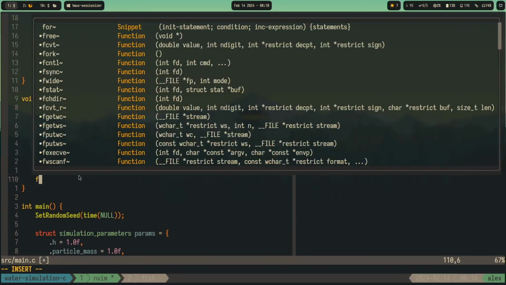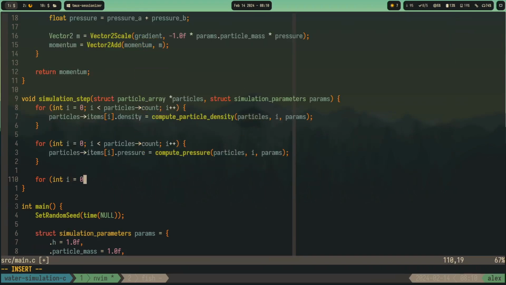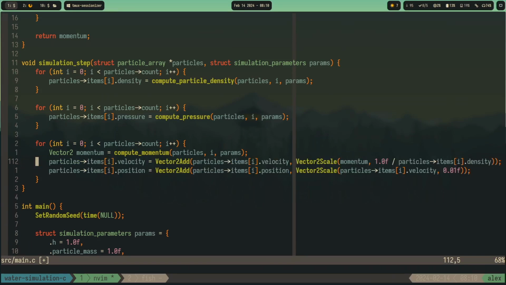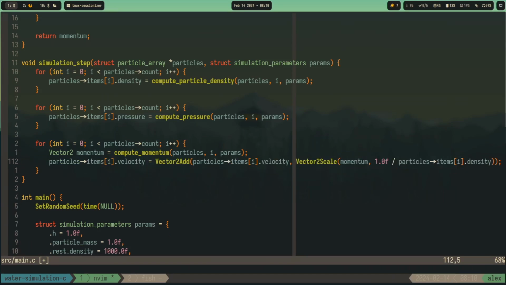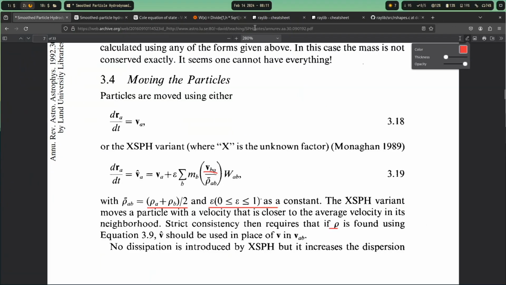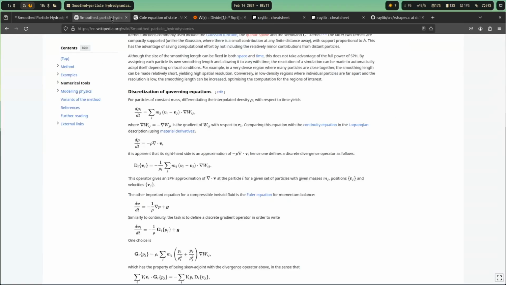So equals 0. Let's say that we have the momentum. Oh, this is interesting. Let's see on Wikipedia. Maybe there's something that says how to move, how to change the speed.